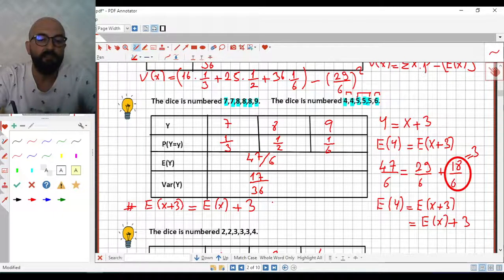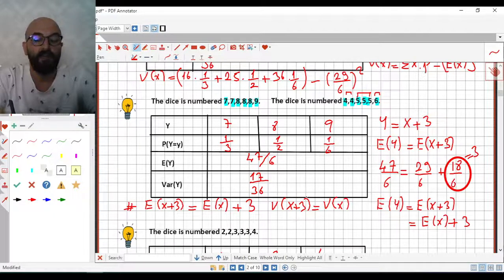So the variance of x plus 3 also equals the variance of x. So if we add or subtract any value to x, the variance doesn't change.